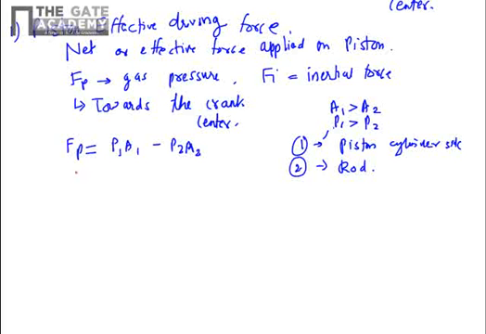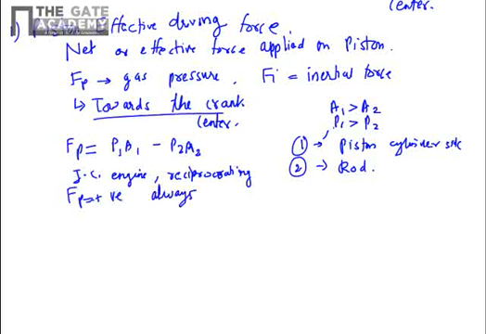So over most of the cycle of IC engine or reciprocating engine, the pressures are positive, and the P2 is the ambient pressure, that is zero pressure we take, and P1 is above than P2. So reciprocating compressor also. So normally Fp will be positive always, so it will be always towards the crank center.